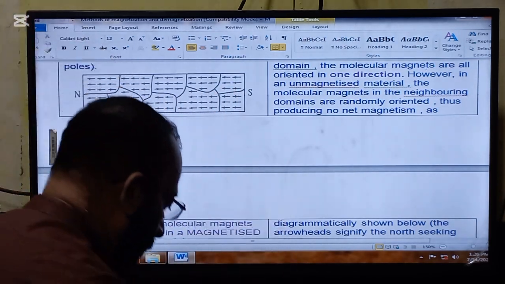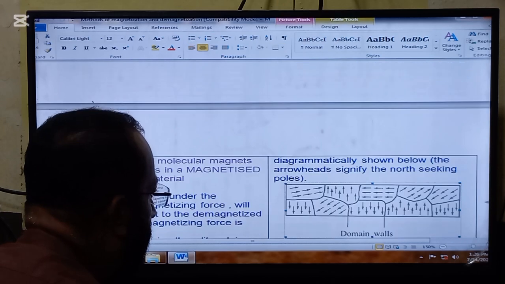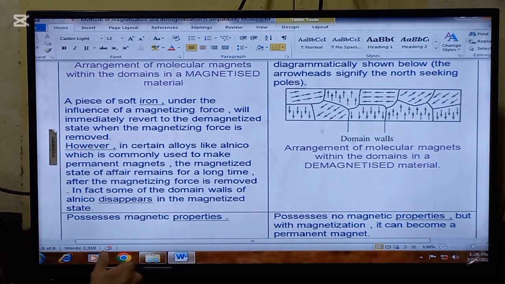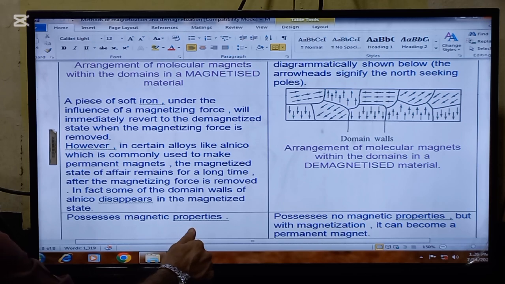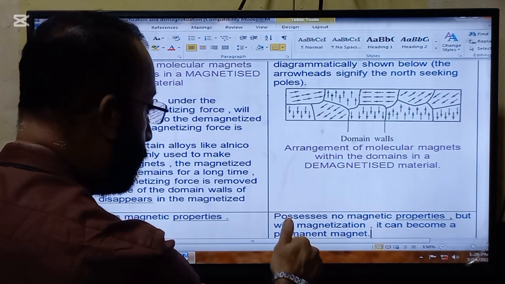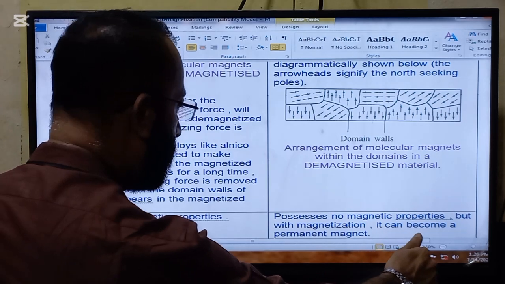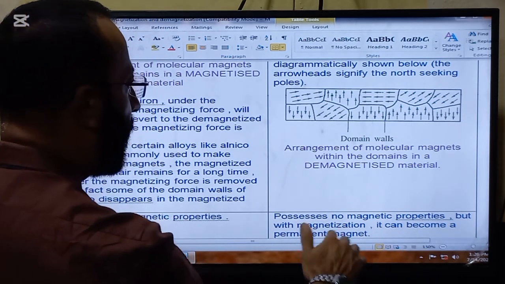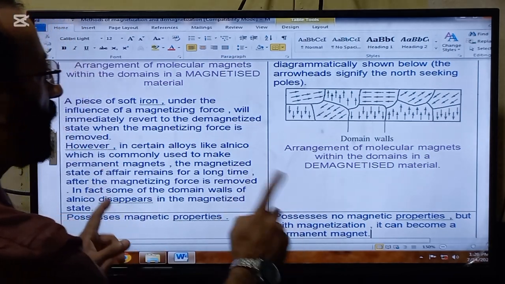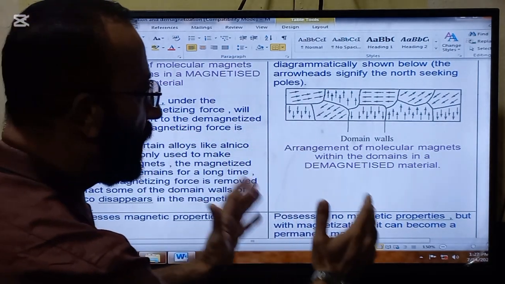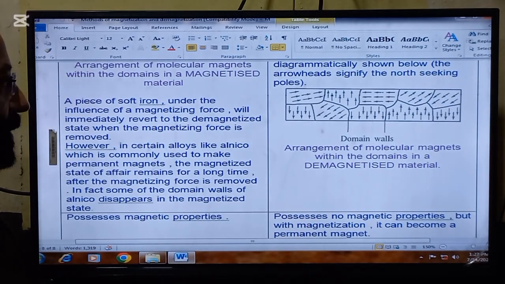The second difference is that magnetized materials possess magnetic properties, whereas demagnetized materials do not possess magnetic properties, but with magnetization they can become permanent magnets again. So these are two major differences between magnetized and demagnetized materials.